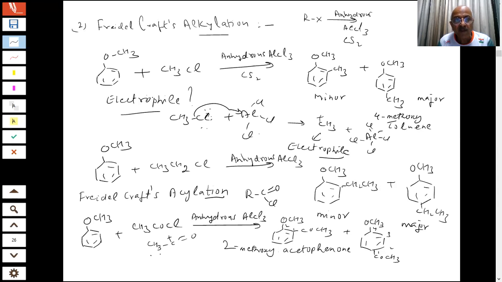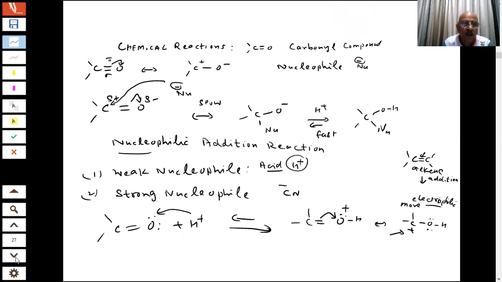So these are all examples where electrophiles are attacking. Electrophilic substitution reaction. Students, they sometimes ask what are the electrophiles in this reaction. You should note down very clearly, students. Okay, good. So far, so good.